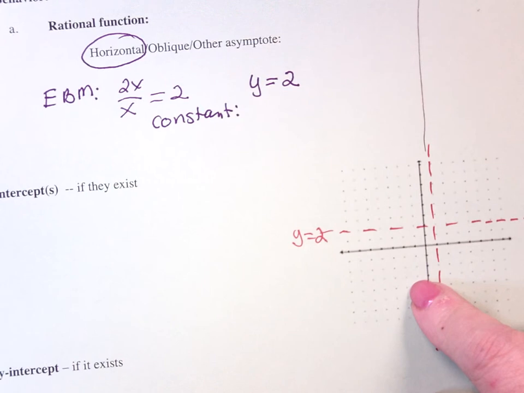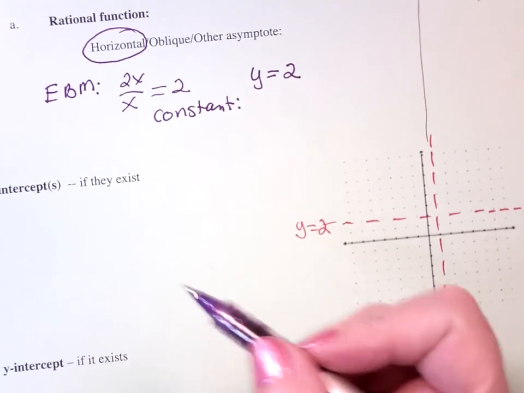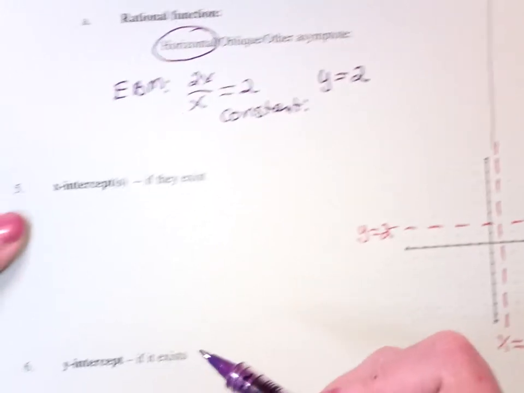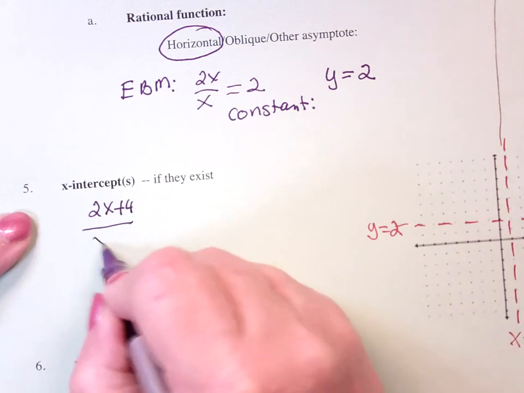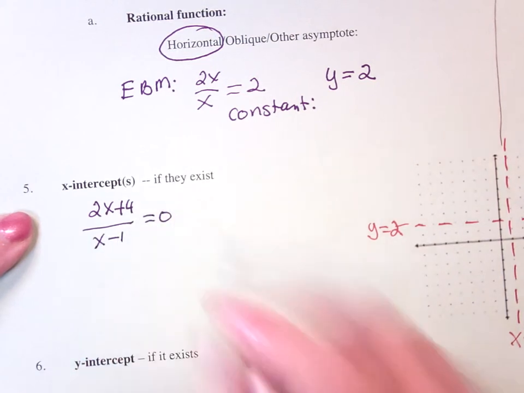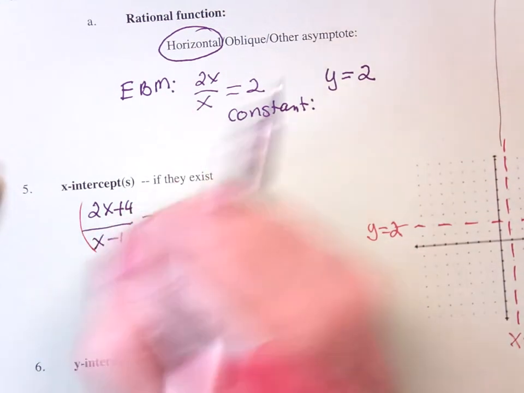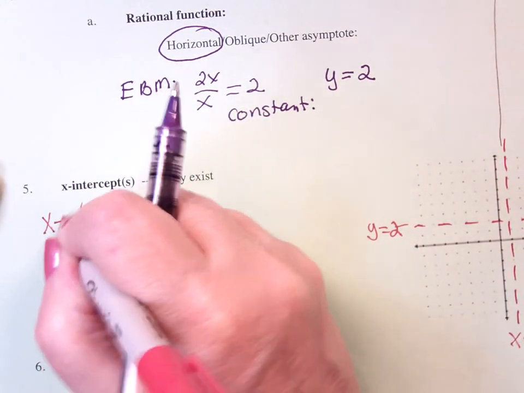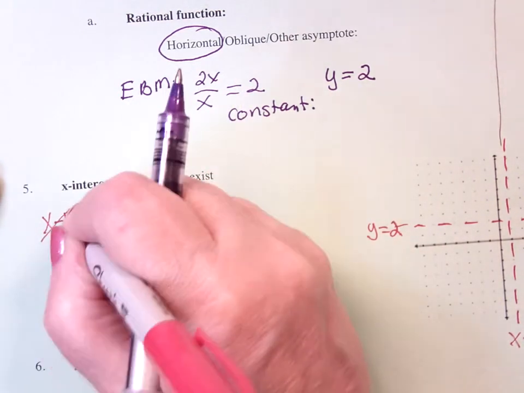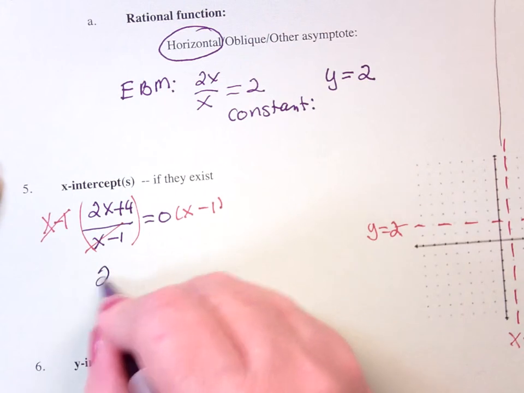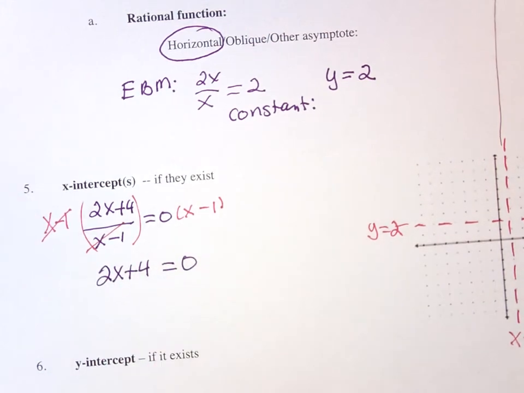To do that, the x-intercepts could be helpful. So the x-intercepts are where 2x plus 4 over x minus 1 equals 0. And what's normal with this situation is that normally we would say multiply both sides by the LCD. The denominator goes, I get just the numerator, which is 2x plus 4 equals 0. And that's the nature of the creature.